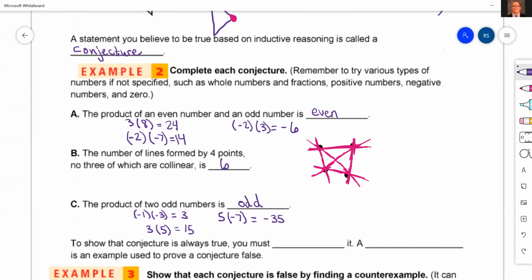Now, let's say someone wants to give us a conjecture. All we have to do is either prove it or find one single counterexample.